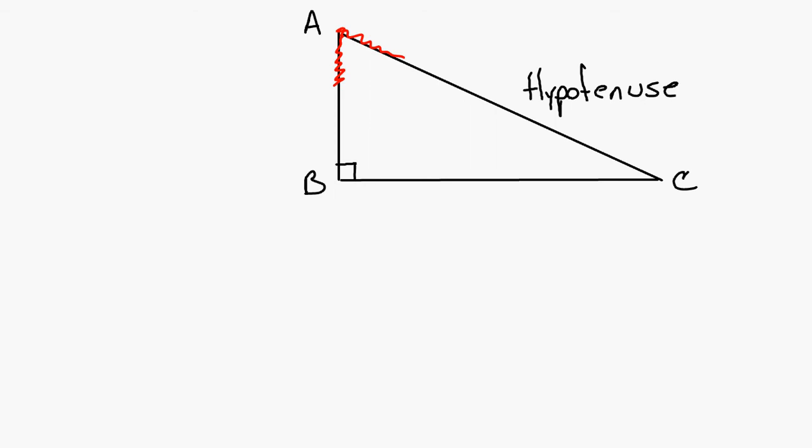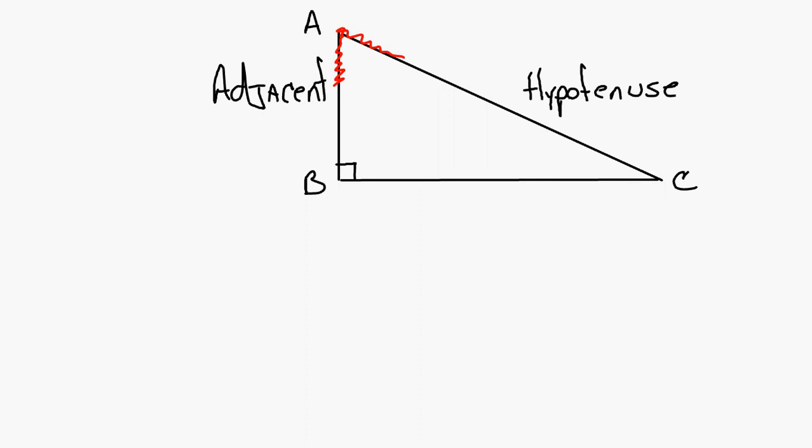In relation to angle A, side AB is called adjacent, because it's next to the angle, isn't it?